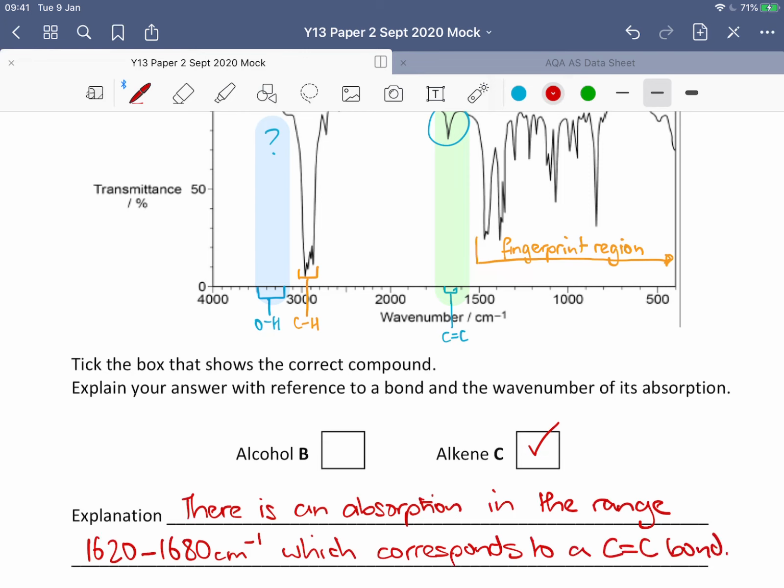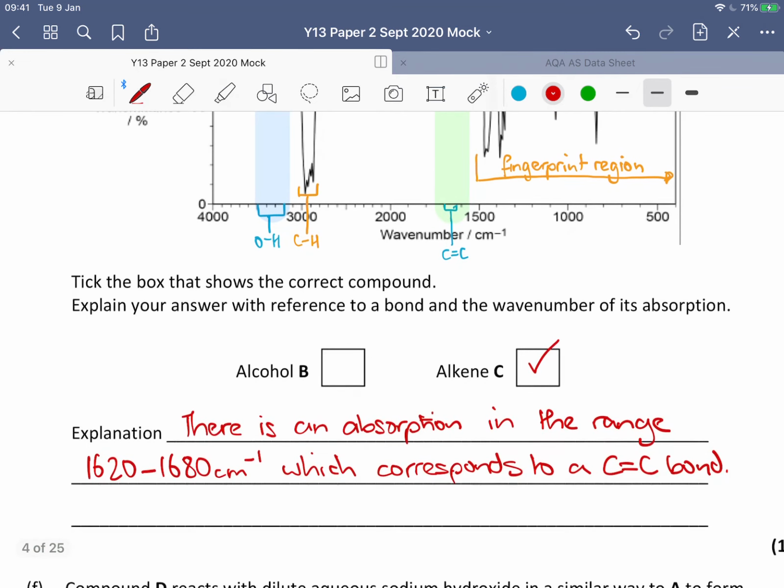I'm making it crystal clear that I'm giving the absorption range for a carbon-carbon bond. Sorry about that, that's not great on my part.